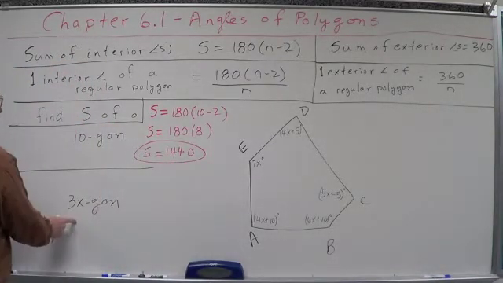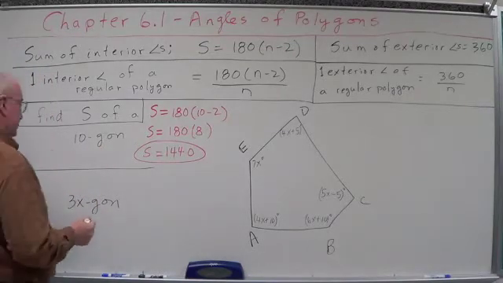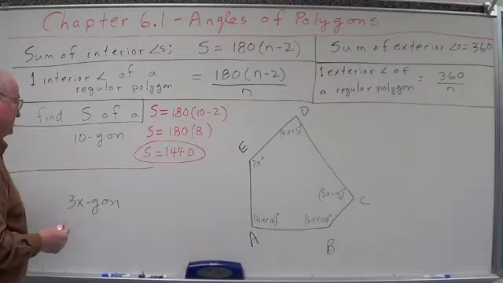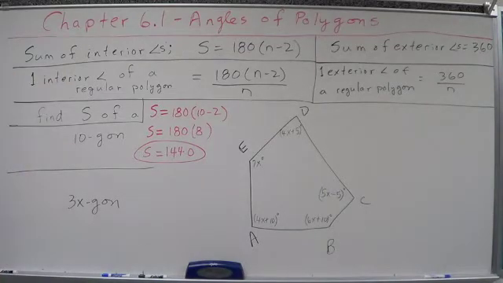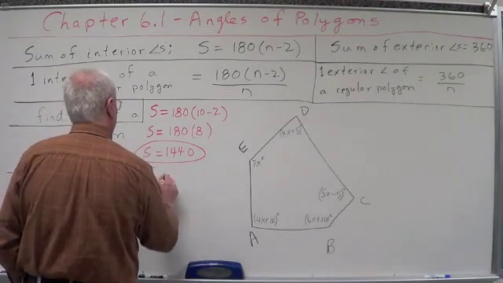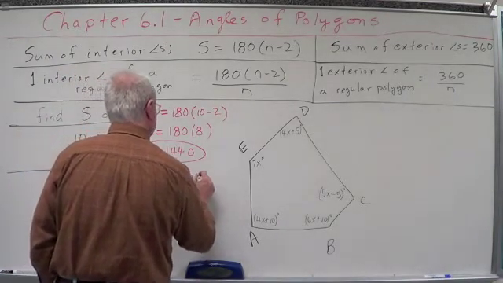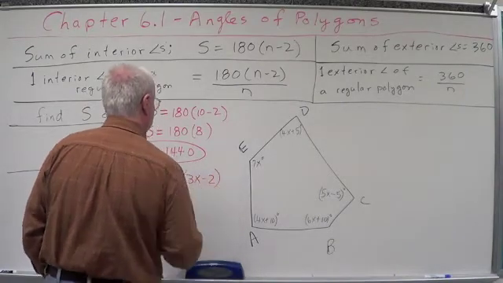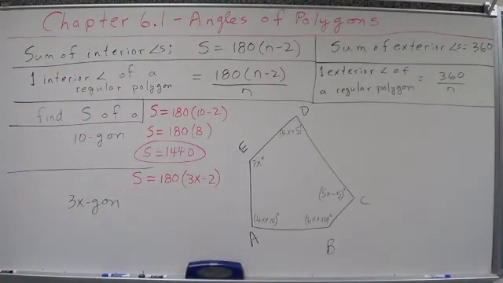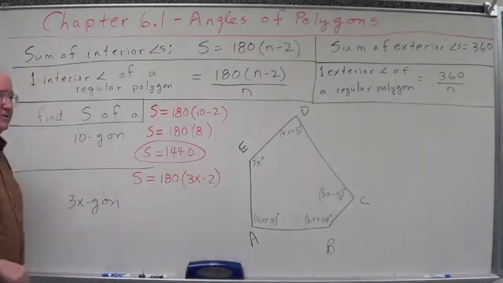Now this one's a little weird. It says a 3x gon. What's a 3x gon? Okay, well let's set up the equation. S equals 180 times 3x minus 2. That's about it, because we don't know what the 3x is. If we don't know what it is, it's hard for us to go on.